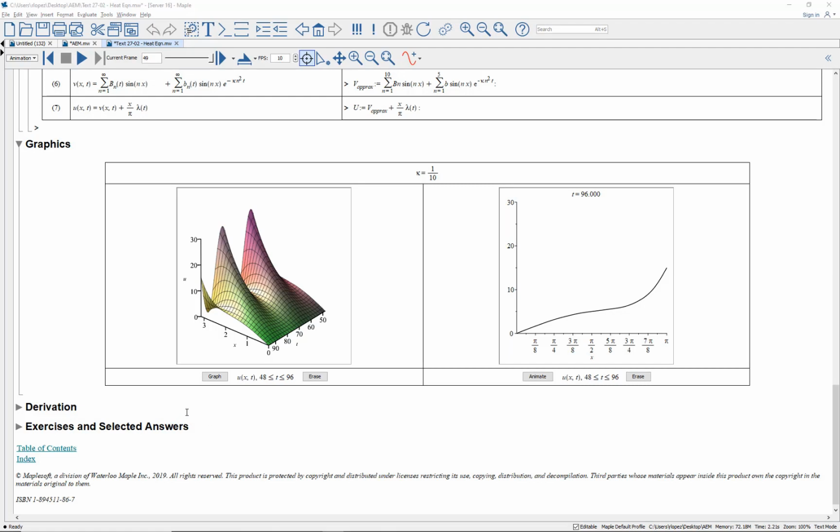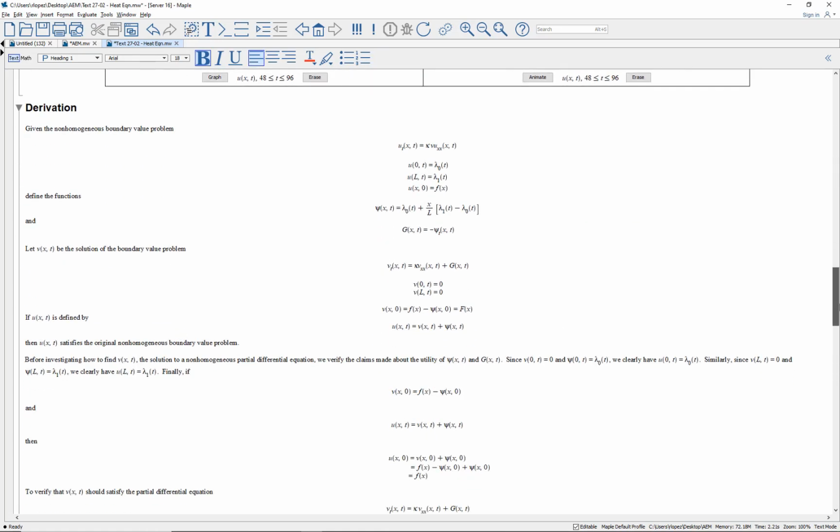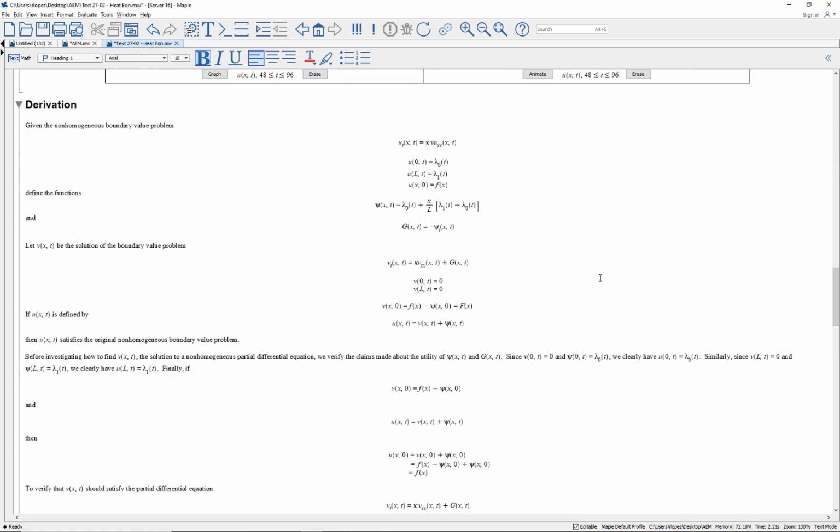So what we've seen so far is a distillation of the high points of the worksheet of this section. This derivation is taken from the worksheet.